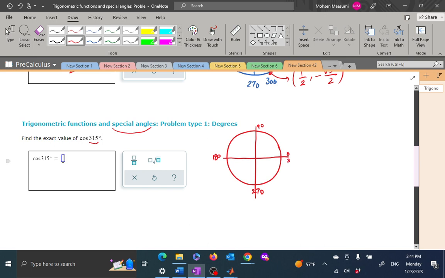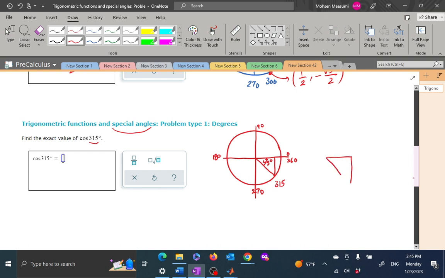This is going to be 360. So 315 is landing somewhere between these. If I'm at 315, how many degrees do I have left to go here? That's obviously going to be 45 degrees. So I have a 45-degree triangle here.